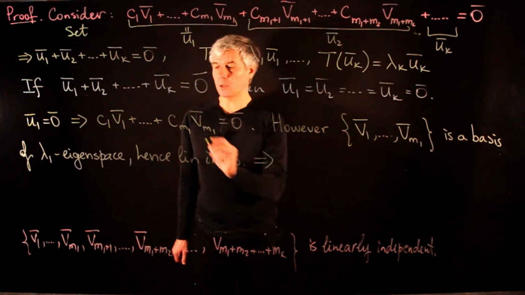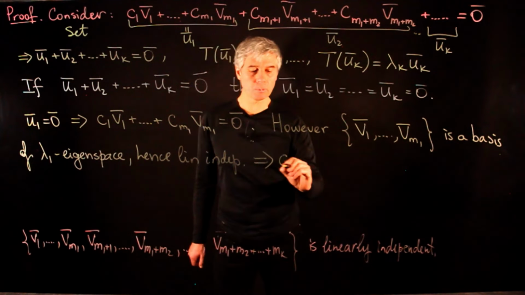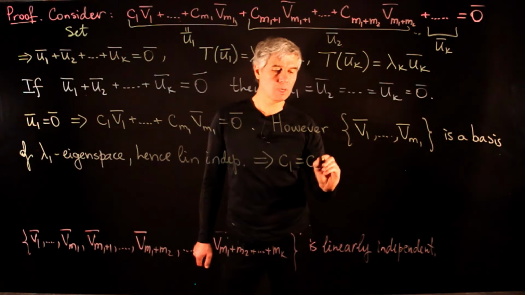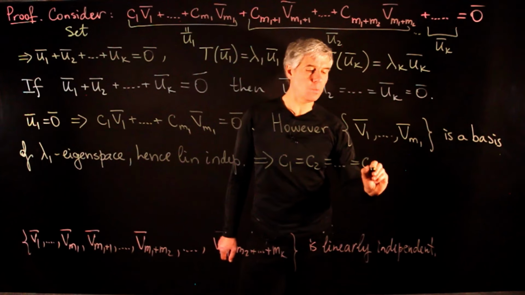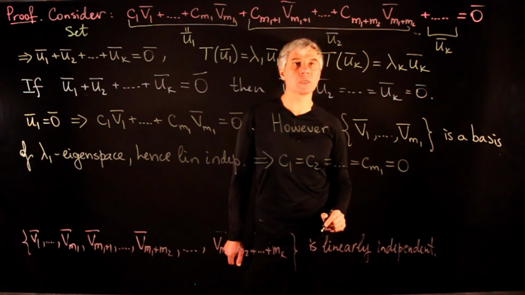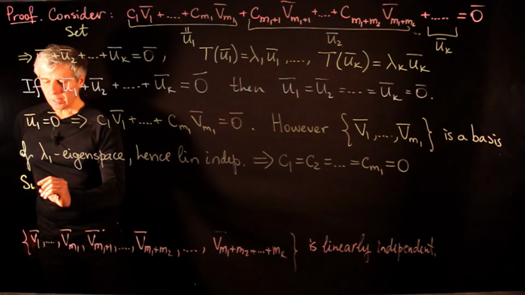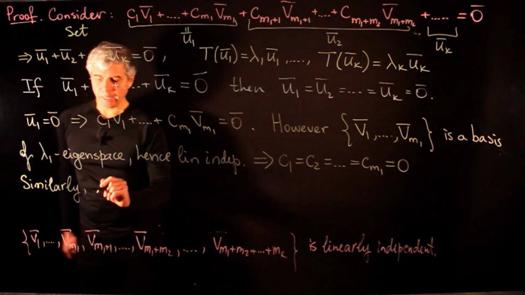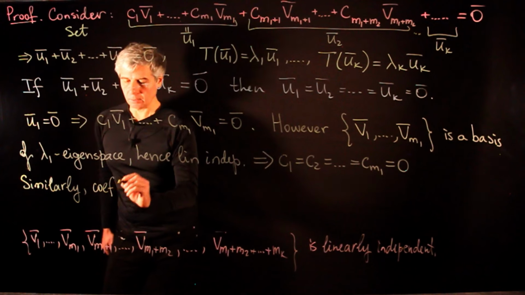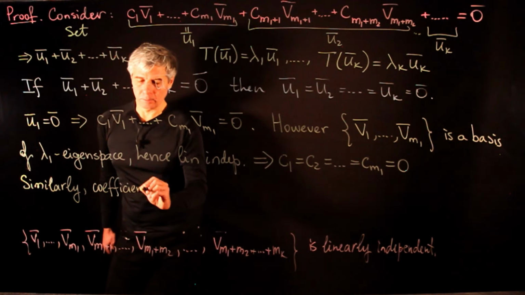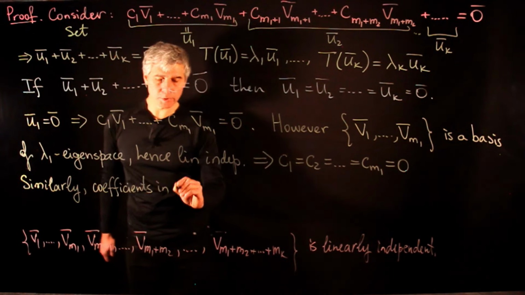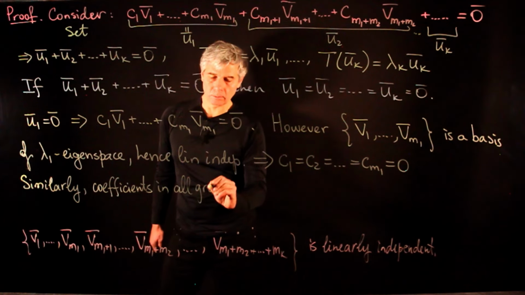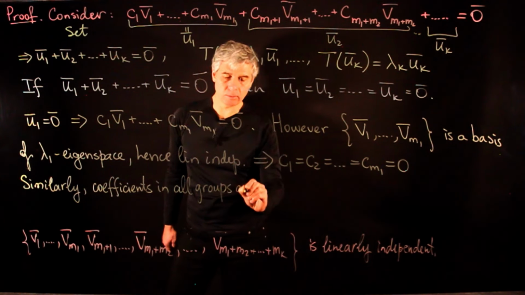And from here, we conclude that all these coefficients are equal to 0. So c1, c2, up to c_m1, this is equal to 0. Applying a similar argument, we get that coefficients in all groups are 0.